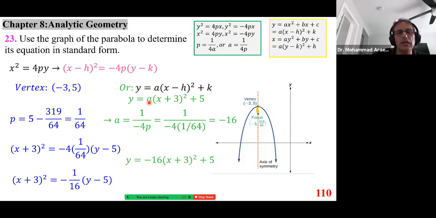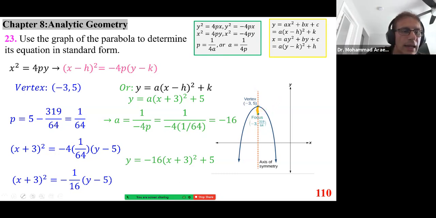Now I hope you see you can convert from here to here or from here to here. And that's identical. That's the same equation, everybody. So we can go either way. I highly recommend you look at what we did in intermediate algebra and look at what we are doing here. The main thing you want to pay attention to is the distance from the vertex to the focus, the focal distance.